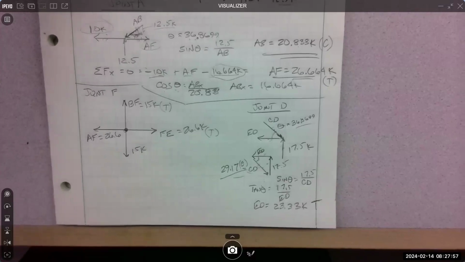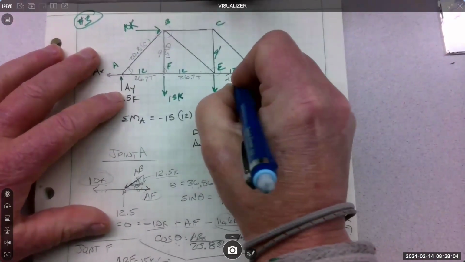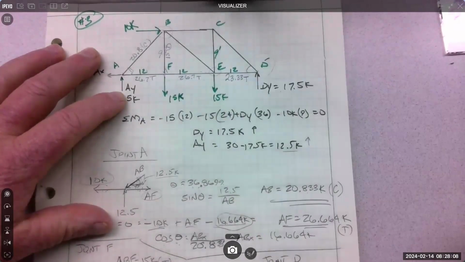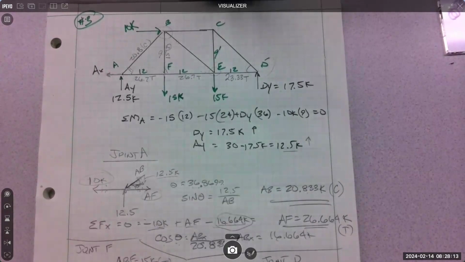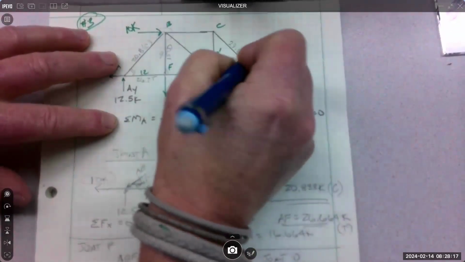All right, ED 23.33, and it is tension. And CD is 29.17, and it is compression.